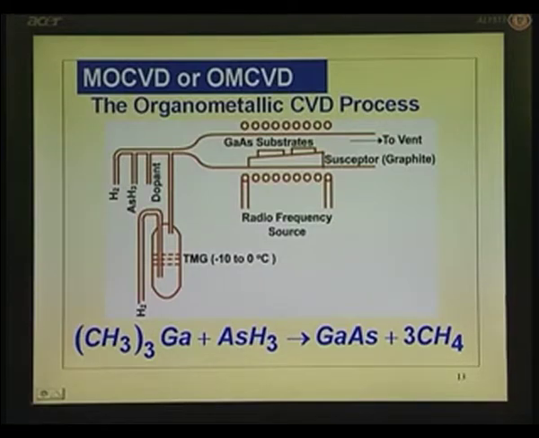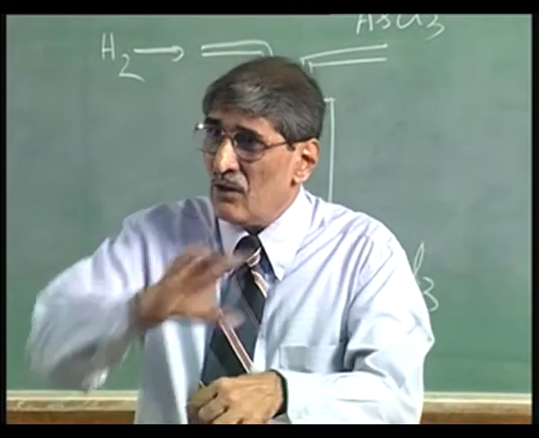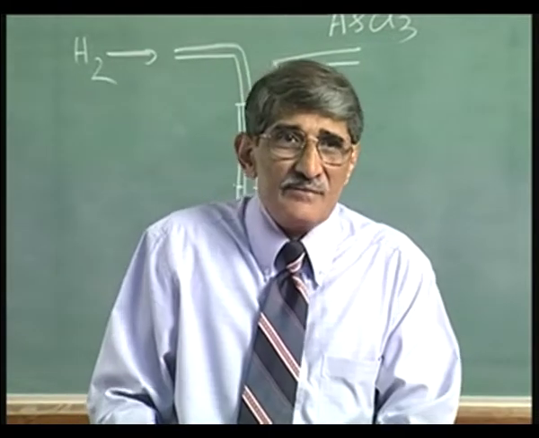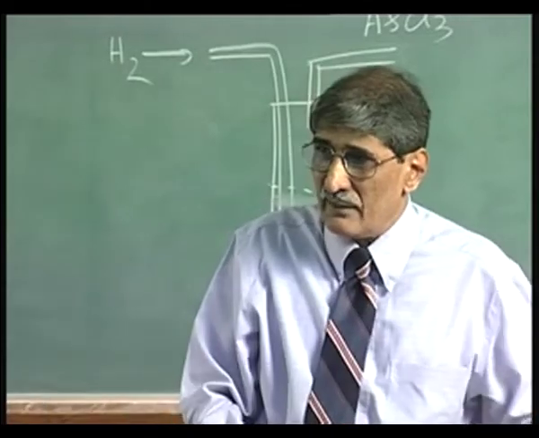All that you do here, since it is a pyrolytic decomposition, is use a graphite substrate heated by RF, radio frequency coupled to the substrate alone. When you do that, the deposition will take place only on the substrate. In a hot wall epitaxy, deposition will take place not only on the substrate, it will deposit on the tube also, so you have to remove the tube every time and clean it.